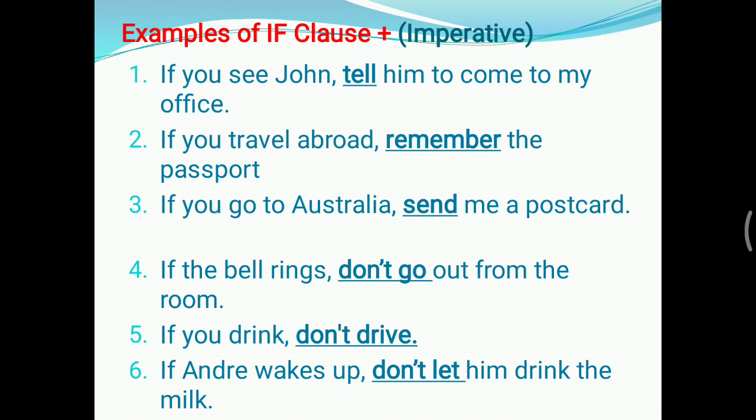Here, the imperative starts with the verb tell, remember, send, don't go, don't drive, and don't let. These are put into the if clause: if you see John, if you travel abroad, if you go to Australia. So these are the examples of conditional sentence with imperative.